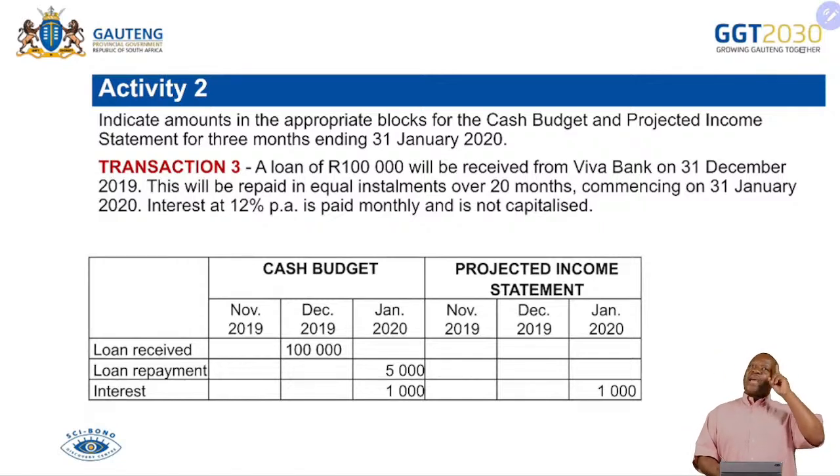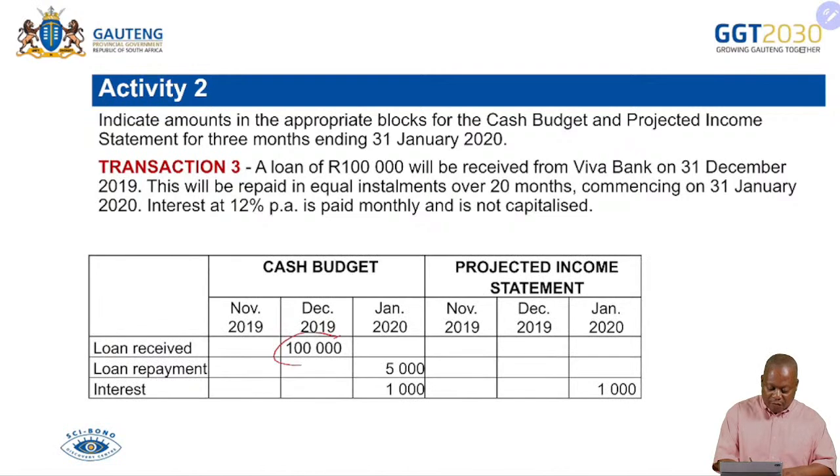Let's deal with the amount received first. Remember, when a loan is taken, we are receiving cash. The minute we are receiving cash, it means we are affecting our cash budget. So is our cash budget going to be affected? Yes. When? In December, when we receive the amount of the loan. And how much? 100,000. This is the recording of the loan.